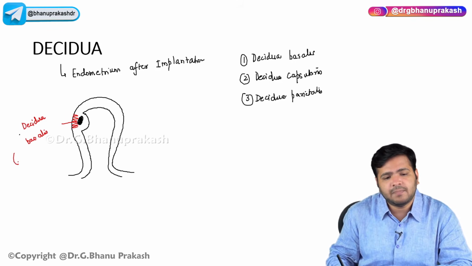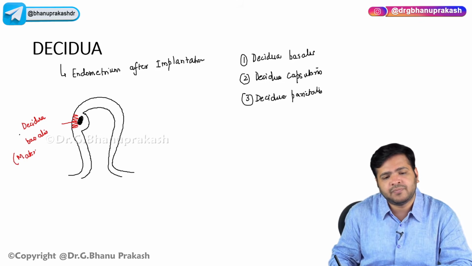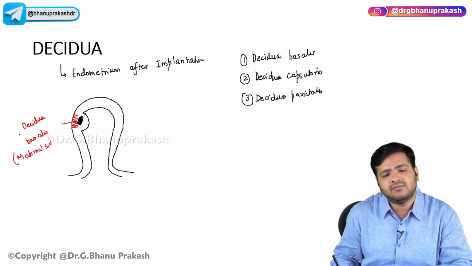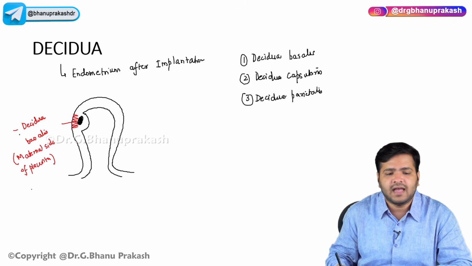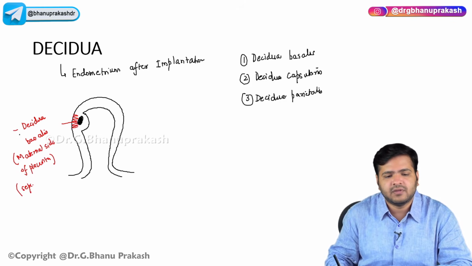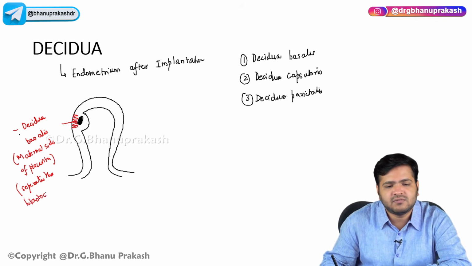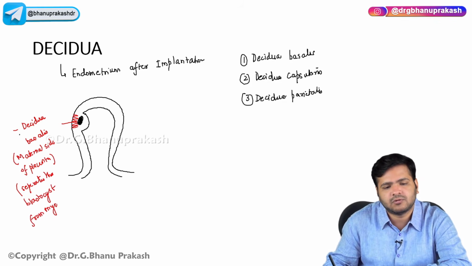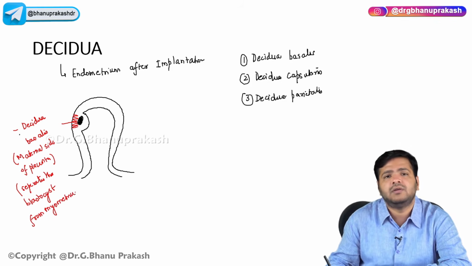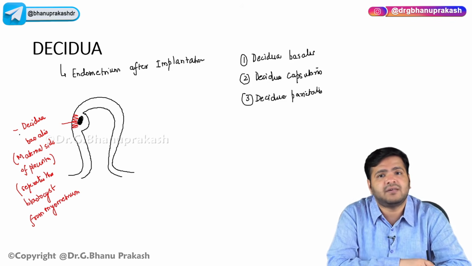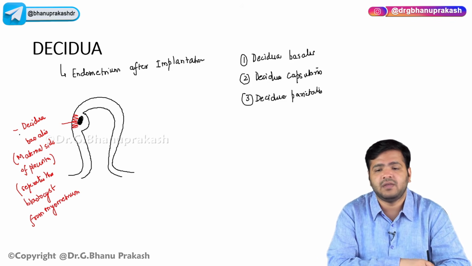It will form the maternal side of the placenta later on, and it separates the blastocyst from the myometrium.